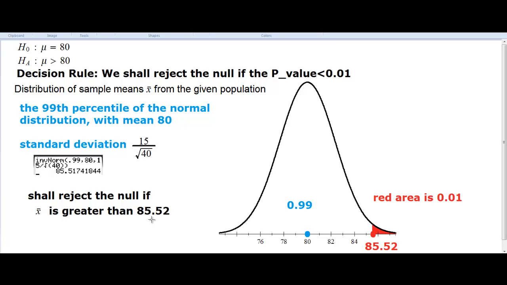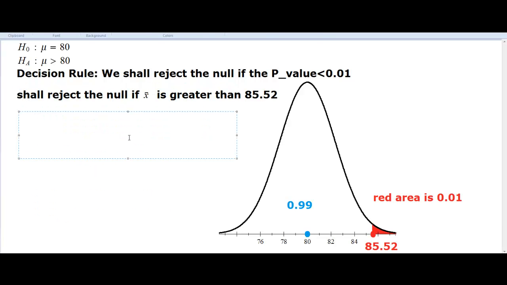Now our objective for this session is to compute the probability of a type 2 error. So let's first recall what a type 2 error is. A type 2 error takes place with the acceptance or non-rejection of a false null hypothesis.